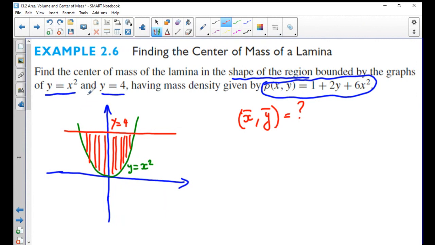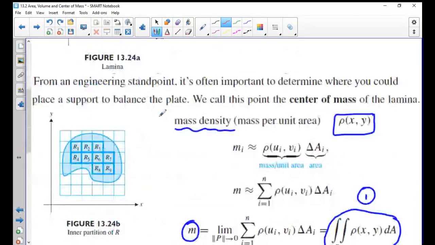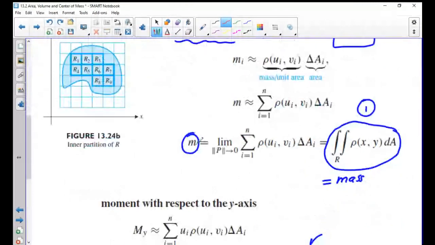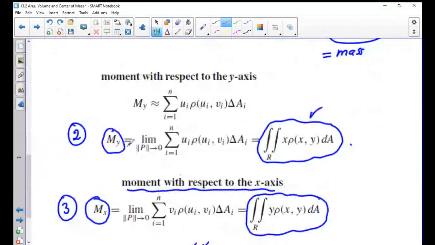Okay, so to do that, we have to calculate various things. What is the first thing we need to calculate? The center of mass. You can see we need small m, we need My, we need Mx.